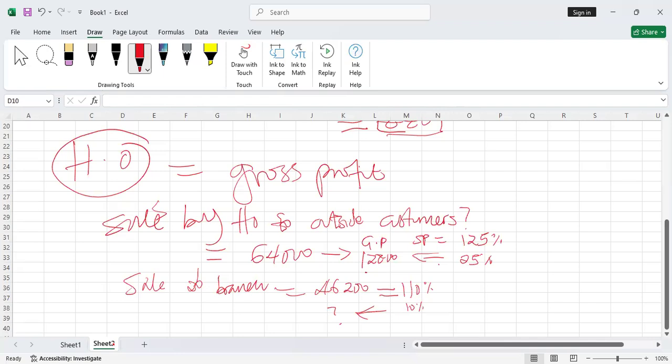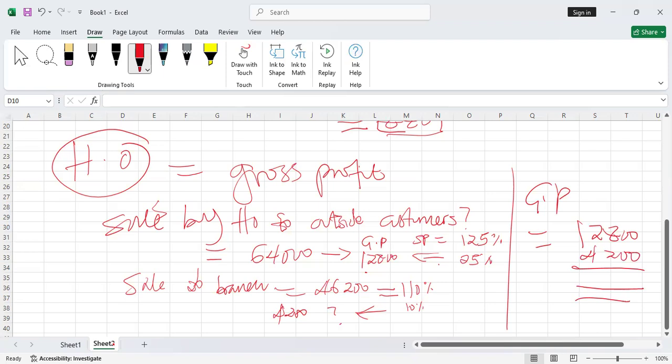So the gross profit equals to 12,800 plus 4,200 equals to what? Summation of this, 17,000. Let's preserve that and move on.